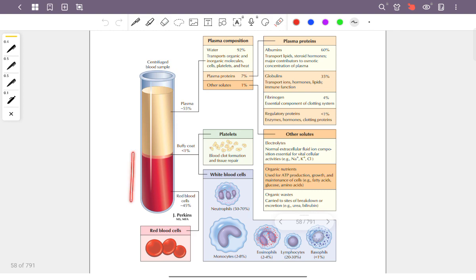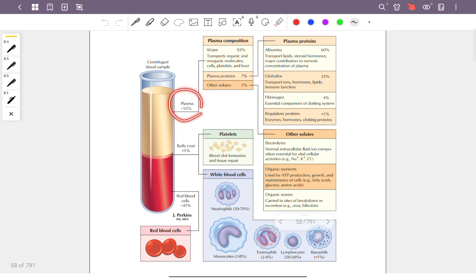At the bottom we have the red blood cells, RBC, approximately 45% of the total blood. Then the buffy coat, which is less than 1% of total blood, and on the top we have the plasma, which is 55%, the larger portion of the blood.